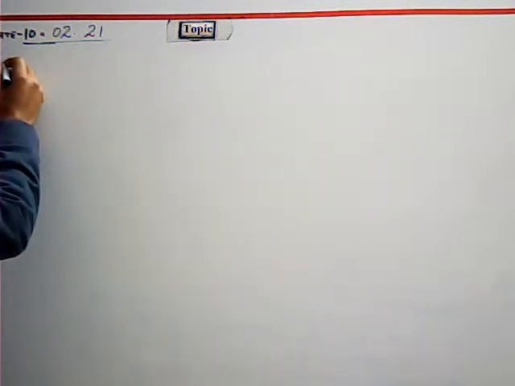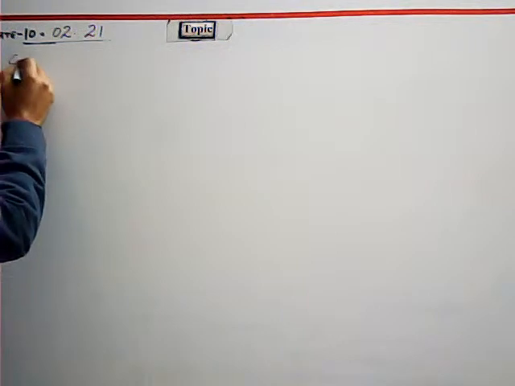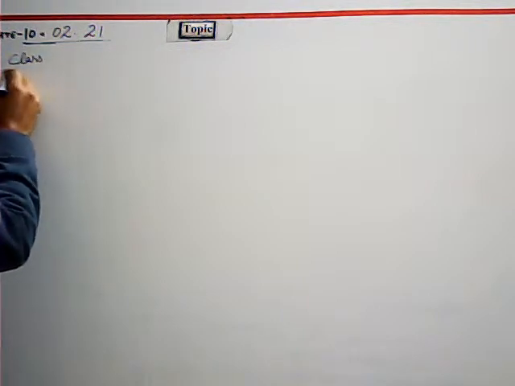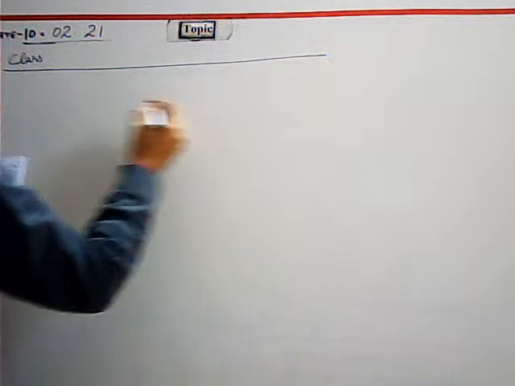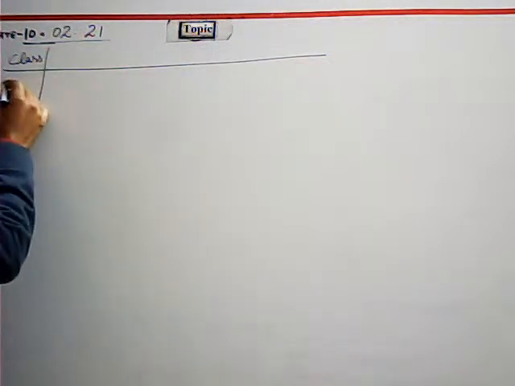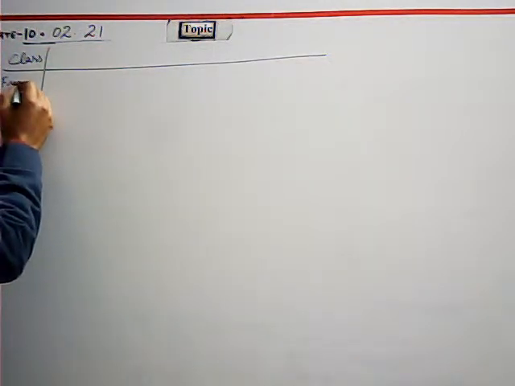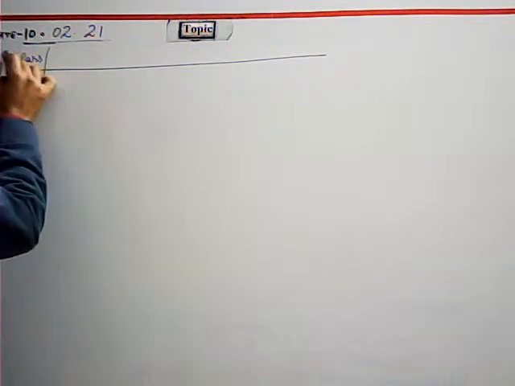More than type distribution. Okay, here class is given and frequency is given. Class and frequency, right?